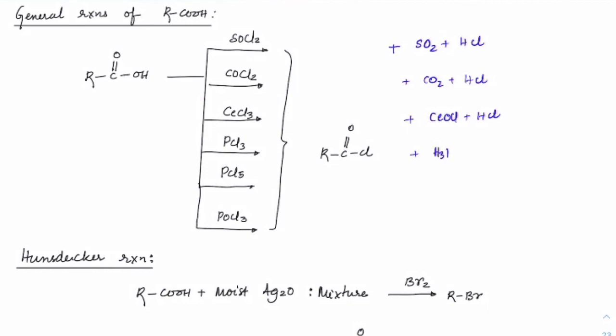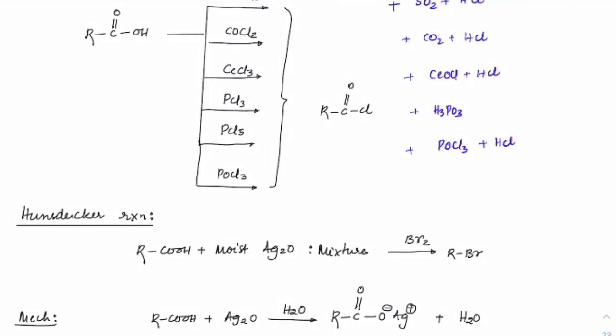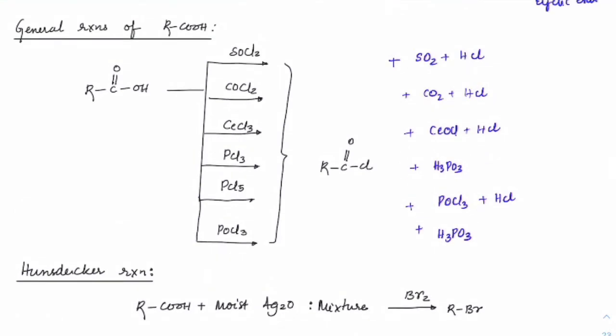Here we'll get H3PO3, and here we'll get POCl3 plus HCl. Okay, I hope you guys are able to recall that. The last one, POCl3 will give RC double bond O Cl, and the rest of the part will eventually convert to H3PO3. These are the reactions of acids to form acid chlorides.